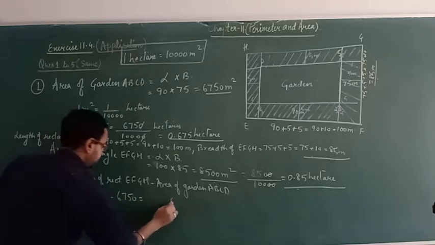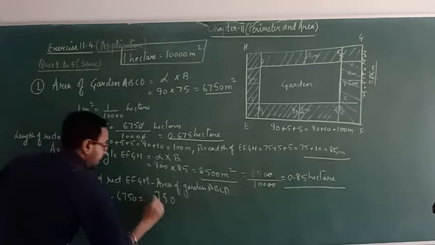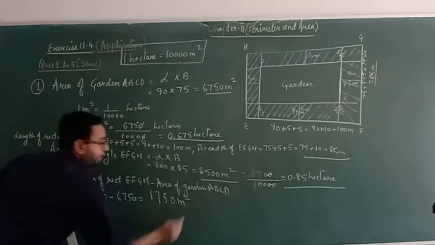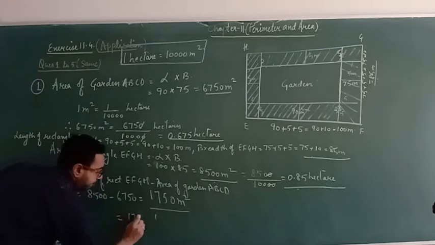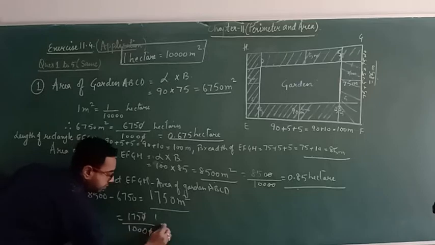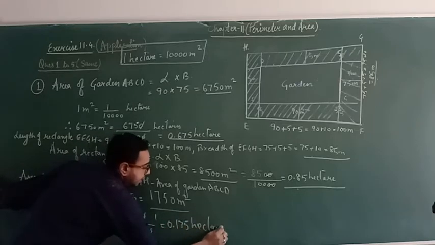You'll be getting 1750 meters square, but we'll convert it into hectares, so it will be 0.175 hectare is the answer.